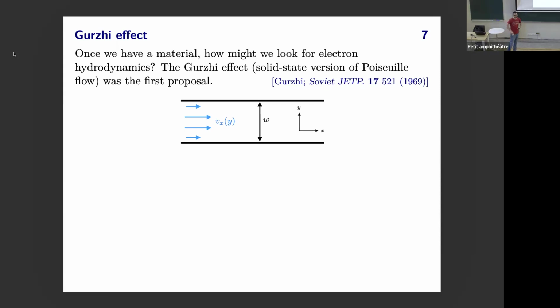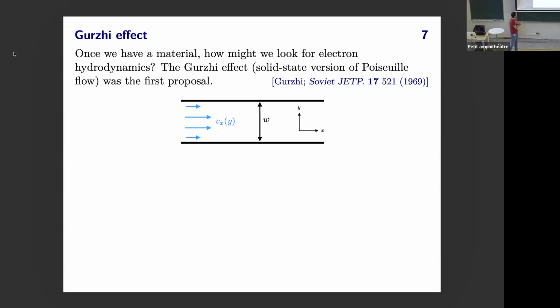He basically copied, probably from Landau's fluid mechanics book, because Soviet Union, some stuff out of that book and translated it to the electronic context. In fluid mechanics, if I have just a flow between two parallel plates, in the ordinary fluid mechanics context I could have a pressure gradient across it and ask, what's the flow rate of the fluid through the channel?